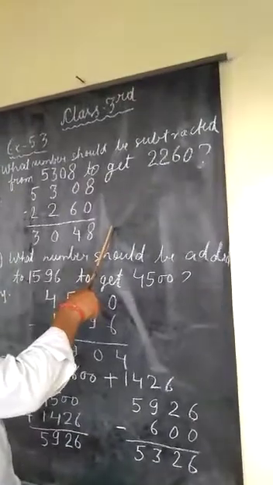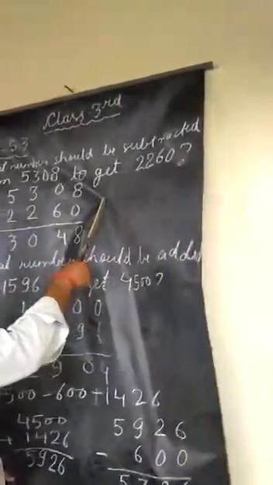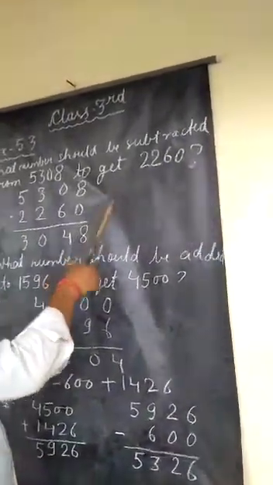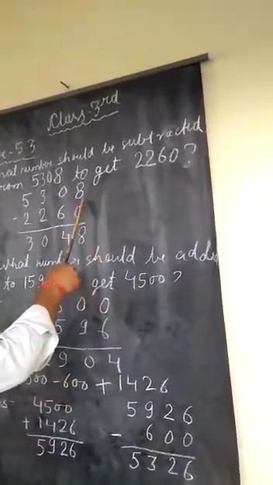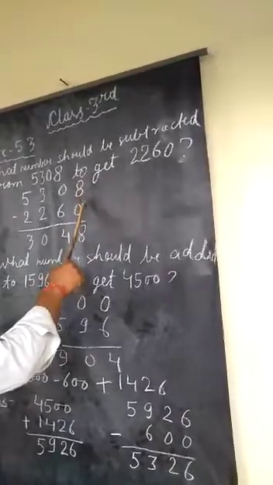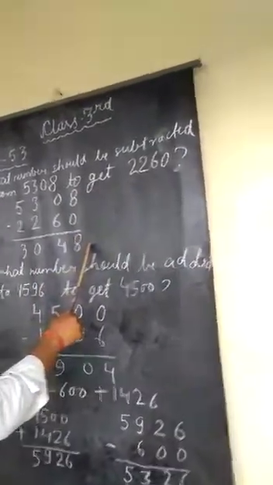These questions can be written in many ways, but we get the answer by subtracting the smaller number from the greater number.